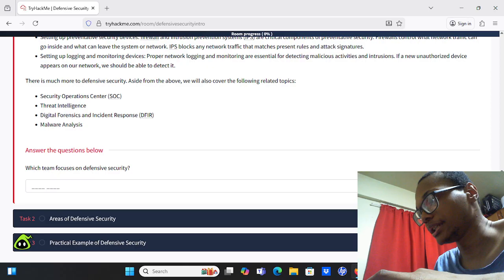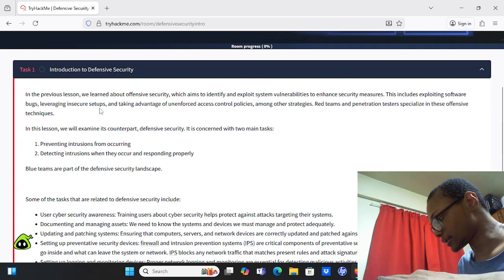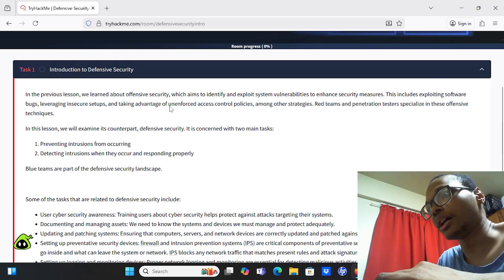So it says in previous lesson we learned about offensive security, which aims to identify and exploit system vulnerabilities and enhance security measures. This includes exploiting software bugs, leveraging insecure setups, and taking advantage of unenforced access control policies, among other strategies.